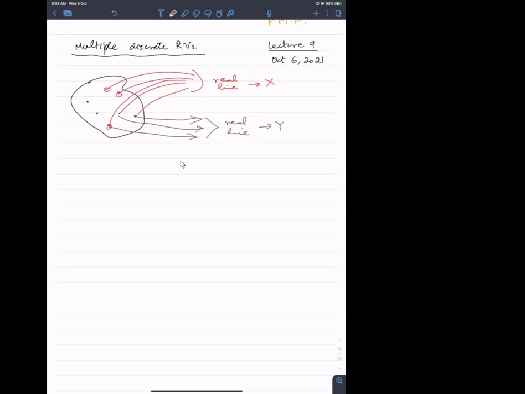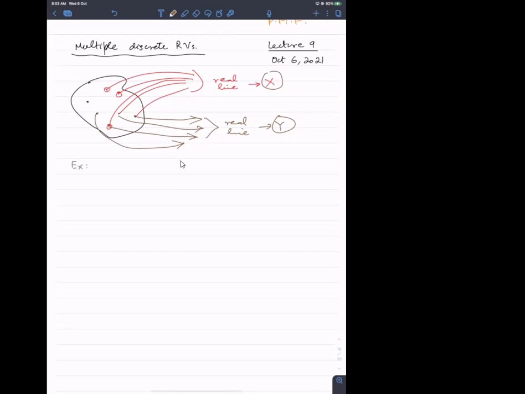So you can define all of these outcomes to be mapped onto either x or y or z or any random variable. Take each of those outcomes and map them onto the real line, and you will get one new random variable. There are infinite possibilities to define the random variables here. Okay. So we have x and y, two different random variables defined on the same sample space.